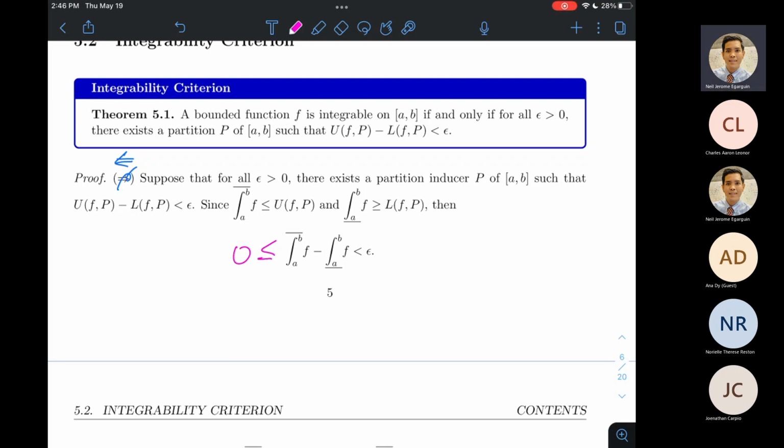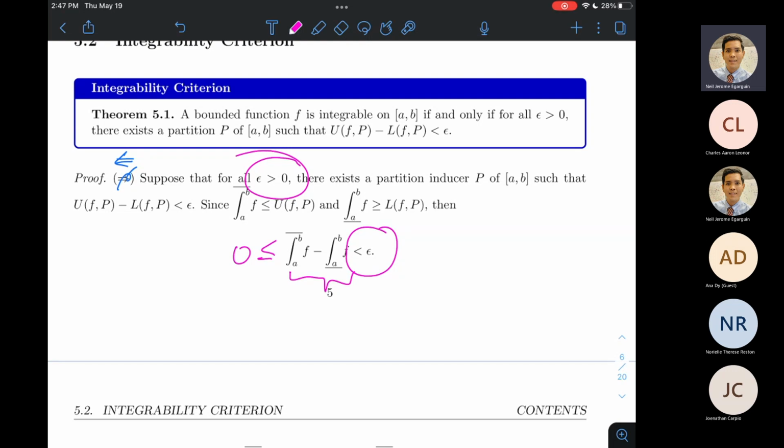Okay? But I would like to remind you that this happens for all epsilon greater than 0. So this difference is a non-negative number that is smaller than any positive number. So if we go all the way back to Unit 1, there is a result, I think it's Lemma 1.1 if I'm not mistaken, which says that if you have a non-negative number that is smaller than all positive numbers, there's only one possible conclusion.